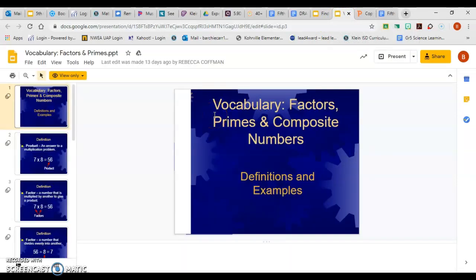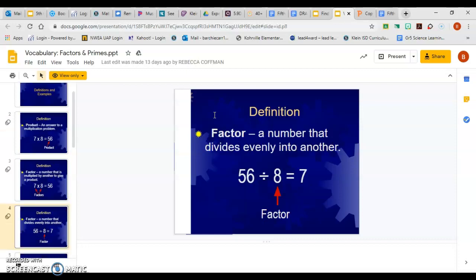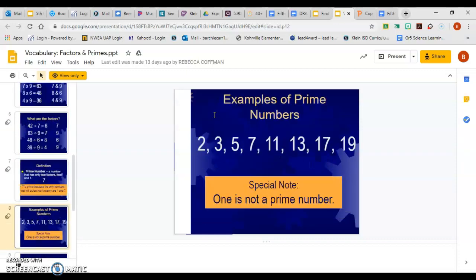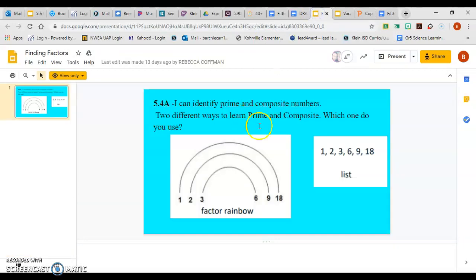And then the second one I want you guys to look at, it talks about prime and composite. So knowing if it's prime or composite, it goes through what a product is, what a factor is, and then practicing what factors are, and then of course your prime and composite. And we use this when we simplify to know if it's all the way in lowest form. And then again, one other anchor chart, one other thing you might see around our room.